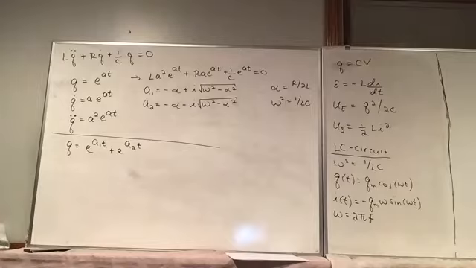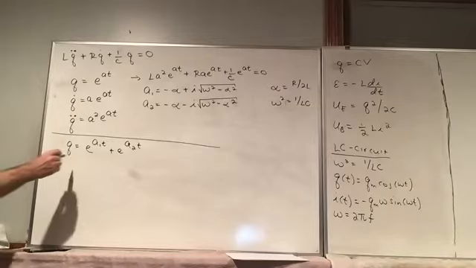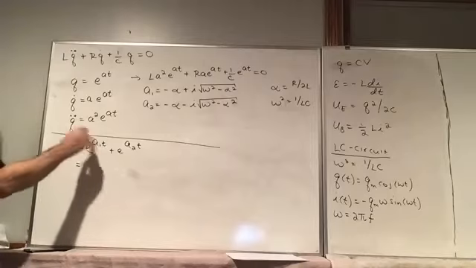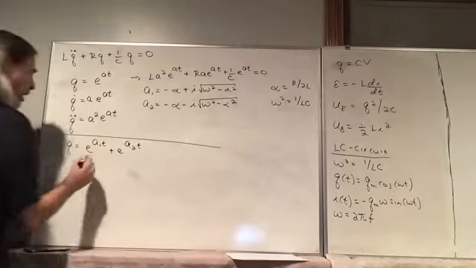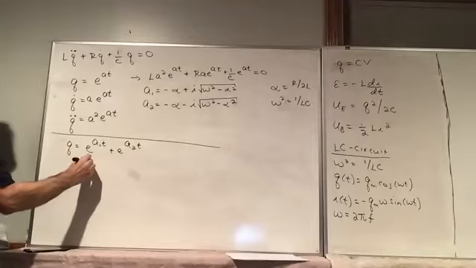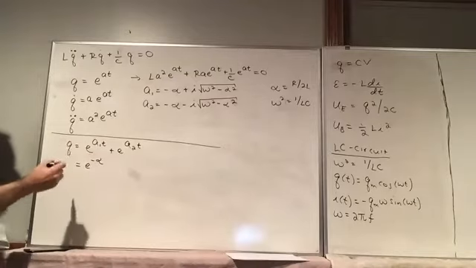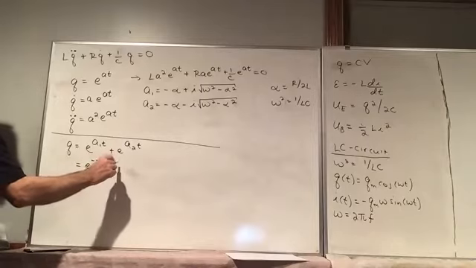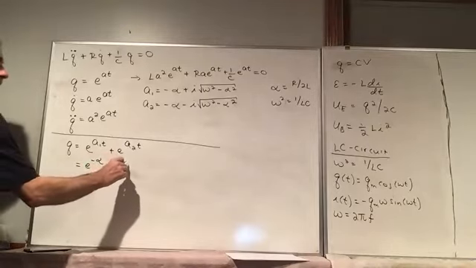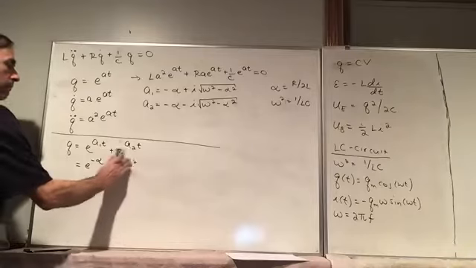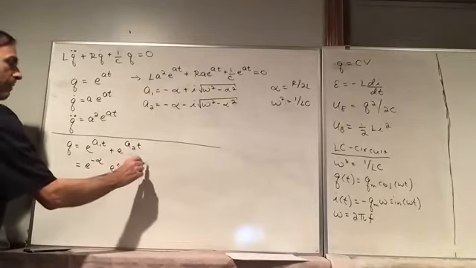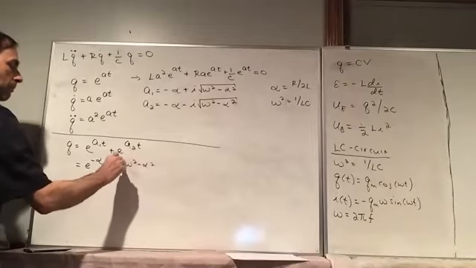And we can actually write this in a rather nice form now, because here we have e to the A1t. I'm going to write it like this: e to the minus alpha t times e to the I omega t, where omega here is the square root of omega squared minus alpha squared.